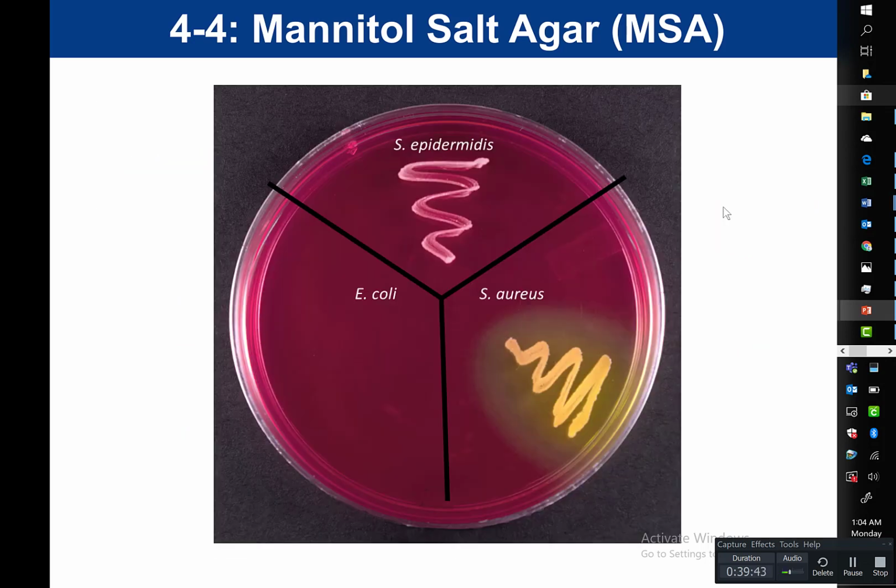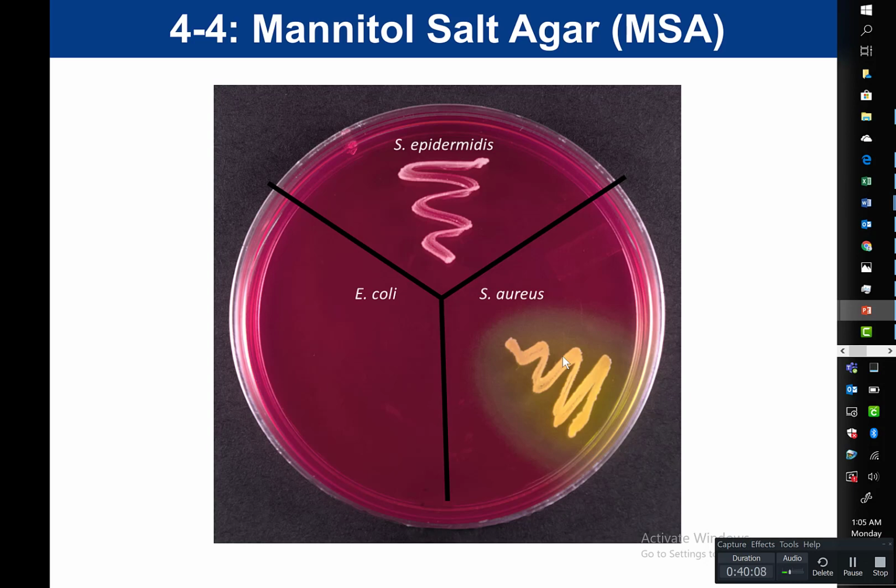So here are just some different examples for you to see these actual bacteria on the plate. On the right, we have Staph aureus. And notice that when you look at Staph aureus on this plate, the agar is yellow. Because again, Staph aureus is osmotolerant. It's able to tolerate the high salt that's on this plate, so it grows.